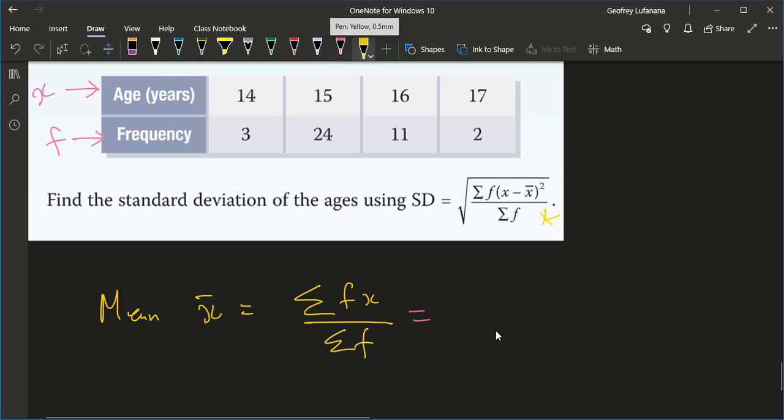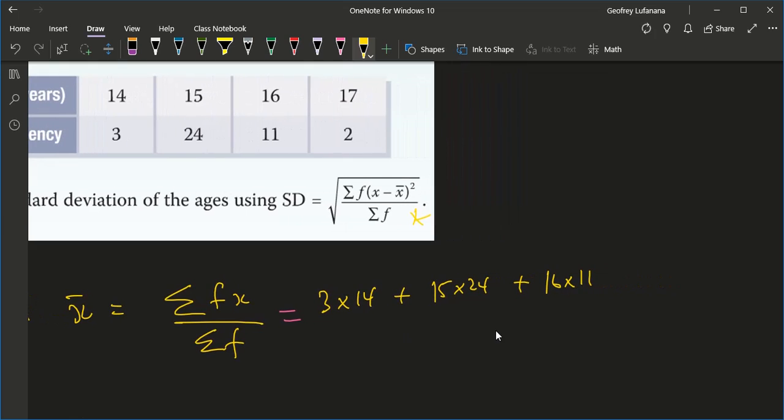So this is going to be 3 times 14 plus 15 times 24 plus 16 times 11 plus 17 times 2, and everything divided by the summation of frequency, 3 plus 24 plus 11 plus 2.